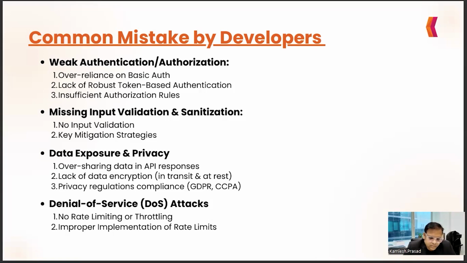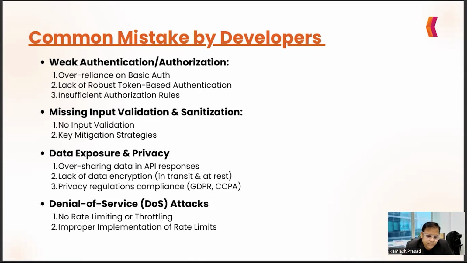And then the third thing, as Mr. Kamlesh said, is data exposure. There is an API call which is requesting some user parameters. Sometimes developers think, okay, this API call is requesting user detail, so they provide all the information regarding that user which is in the database, assuming they are making it generic so that the same API can be used elsewhere.